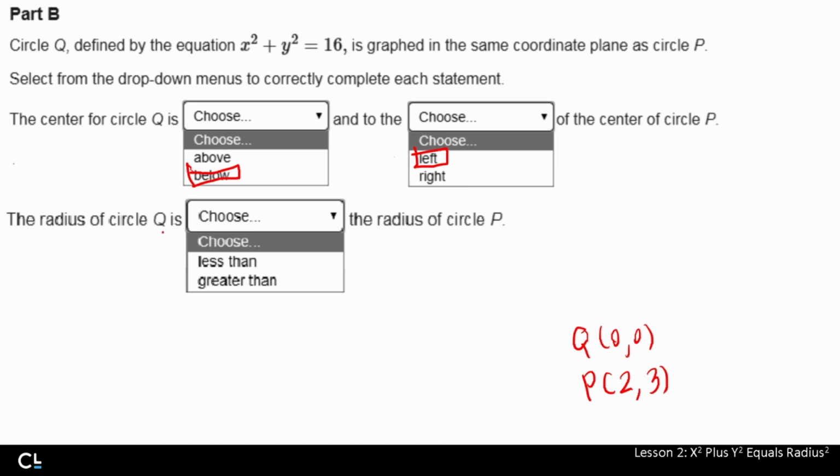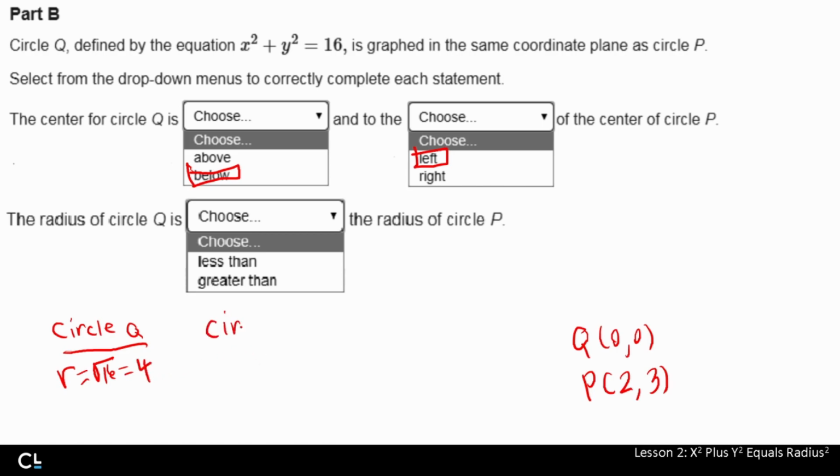And now next up, we want to know the radius. Well, the radius here is going to be the square root of 16. So for circle Q, the radius equals the square root of 16, which is just 4.